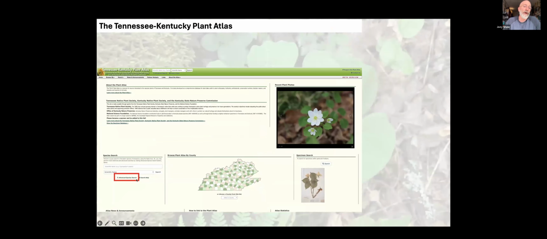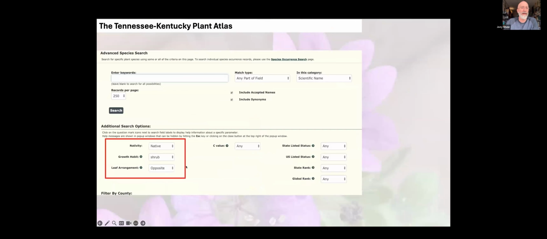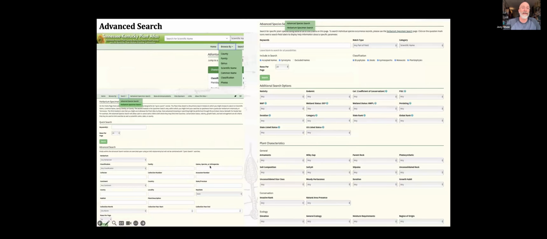The next thing I want to point out is this advanced species search, and it's maybe the strongest feature of the website. If you go to the advanced species search, you can actually click to harvest data or to refine the data that the website pulls to you based on that spreadsheet. So you can do searches for a native shrub with opposite leaves.